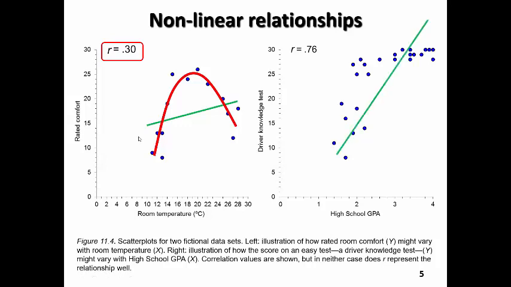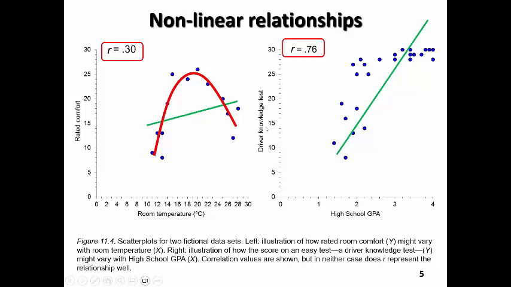On the right-hand side here we see a typical correlation analysis where we have the line of best fit with a calculated R value that's quite a bit better, has a larger strength than the one on the left-hand side, at 0.76. But examining these blue dots, we clearly see that there is some sort of pattern that emerges as high school GPA increases.